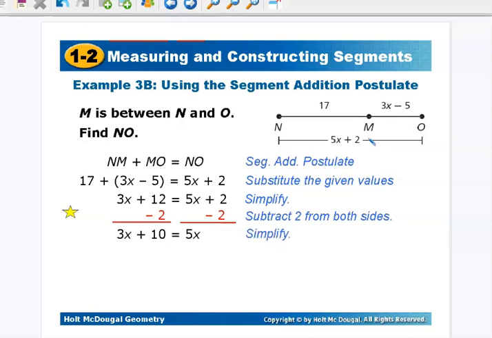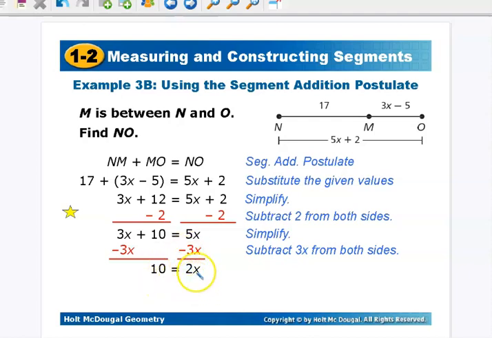When I simplify that, notice I still have x terms on both sides of the equal sign. I want to get those on the same side, so we'll actually subtract the 3x from both sides, which leaves us with 10 equal to 2x. And you know that in order to separate these two, I have to divide by 2.